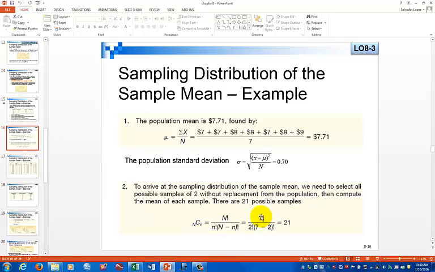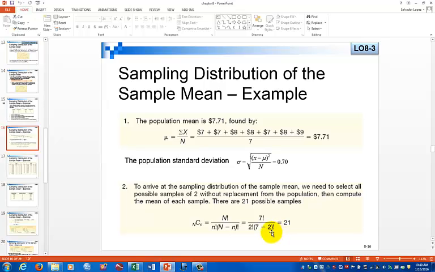So we have a total of 7, and little n is 2, the sample size. The formula is capital N factorial divided by little n factorial times the difference between the two, (N minus n) factorial. So that is 7 factorial divided by 2 factorial times 7 minus 2 factorial, in other words, 5 factorial.